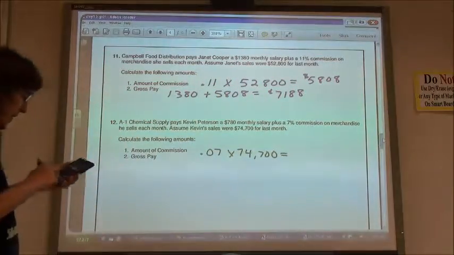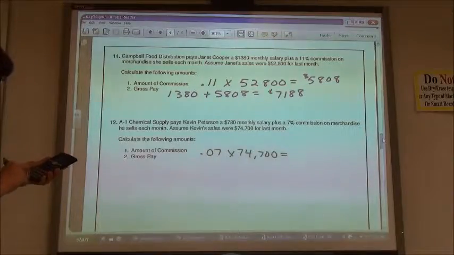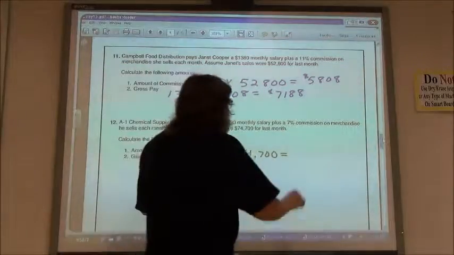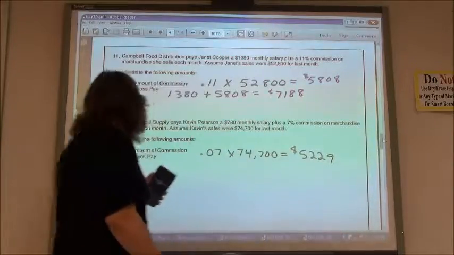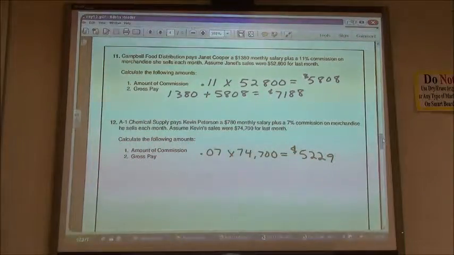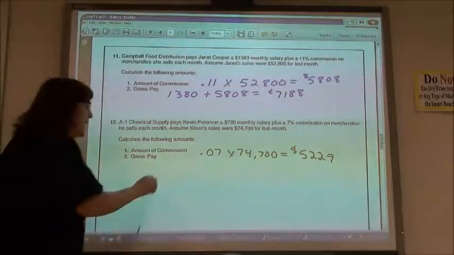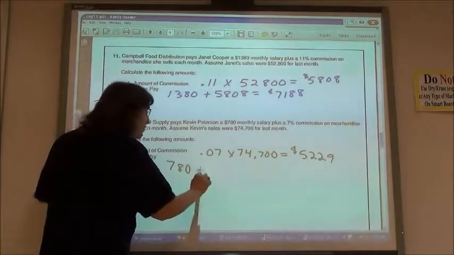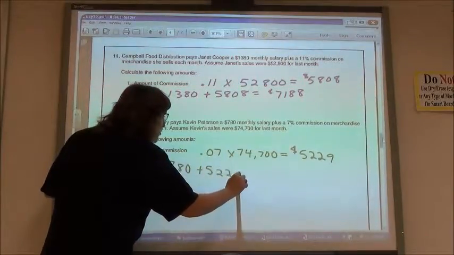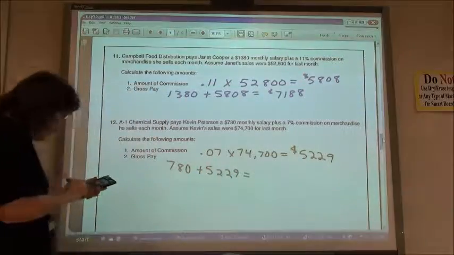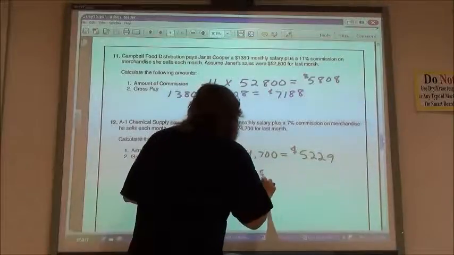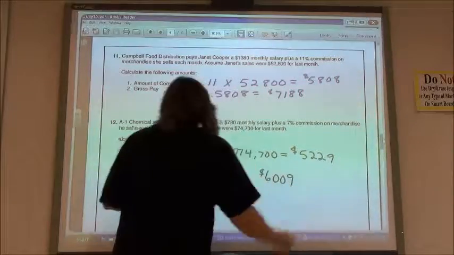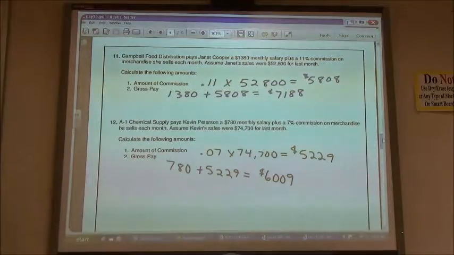So 7% times $74,700 means $5,229. So $5,229 is the amount of his commission. His gross pay, he gets that $780 plus his commission of $5,229. And so if I add those together, $6,009. So $6,009 is going to be his gross pay.